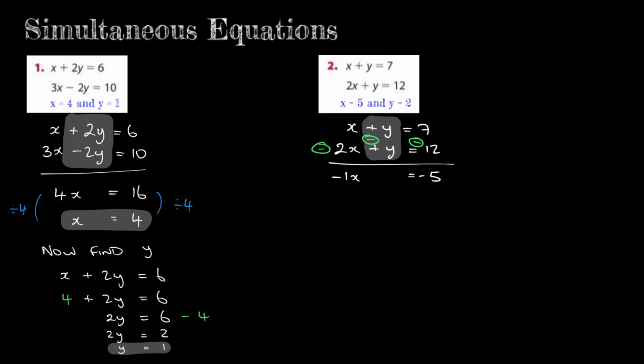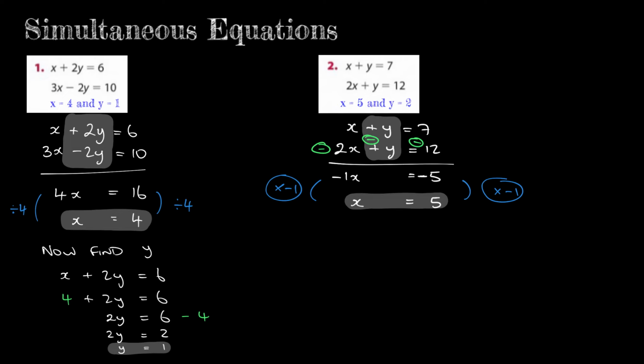So we'd have a negative 5. So to find out what 1x is equal to, we need to divide both sides by negative 1. Well, I won't even say divide, I'll say times both sides by negative 1. You could say divide, same thing, but I think people find it easier if you say times. So that gives us our x value, which is 5.